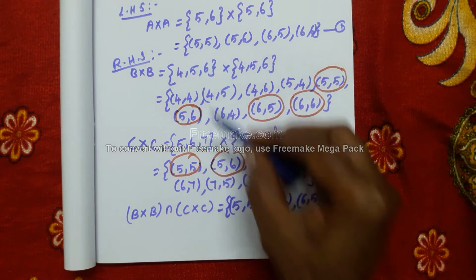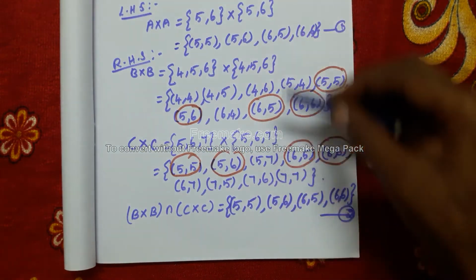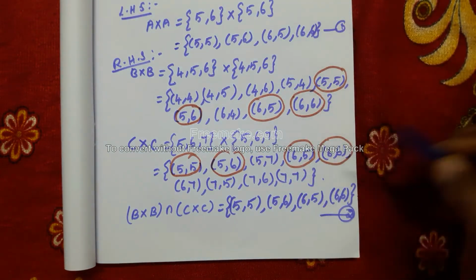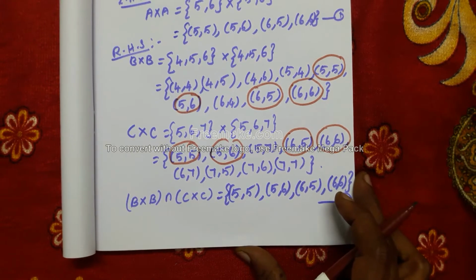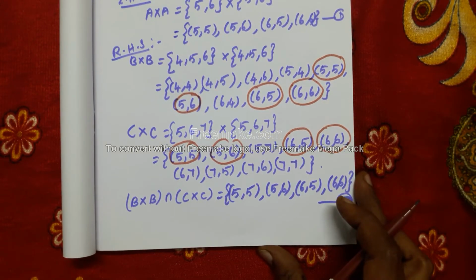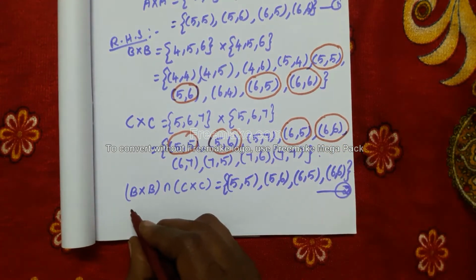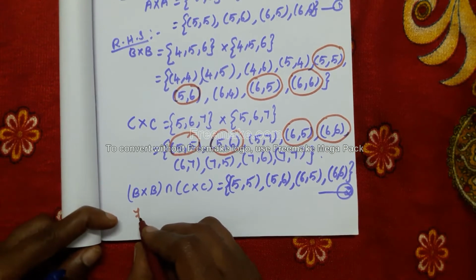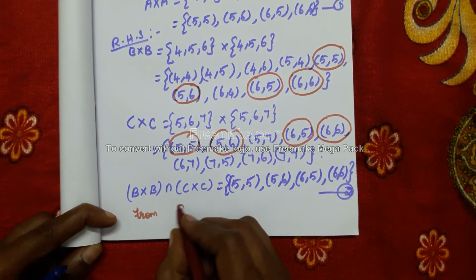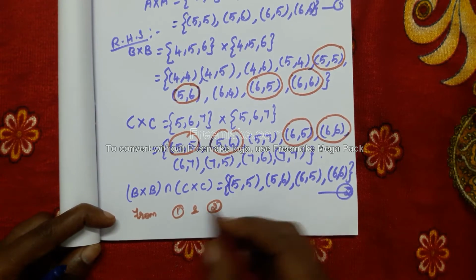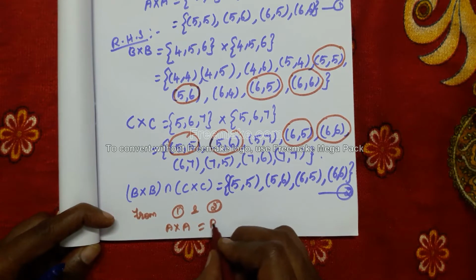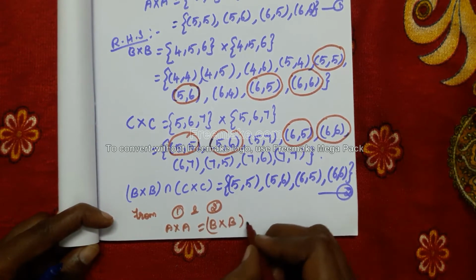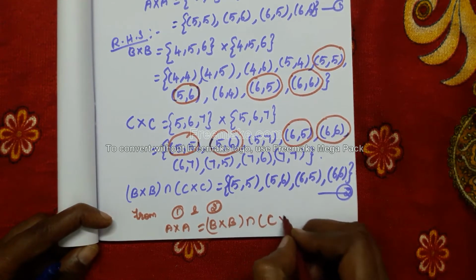A cross A is 5 comma 5, 5 comma 6, 6 comma 5, 6 comma 6. Both are equal. From 1 and 2, A cross A is equal to B cross B intersection C cross C.